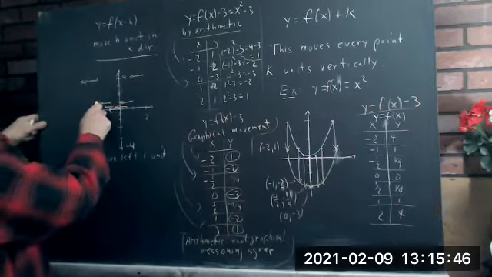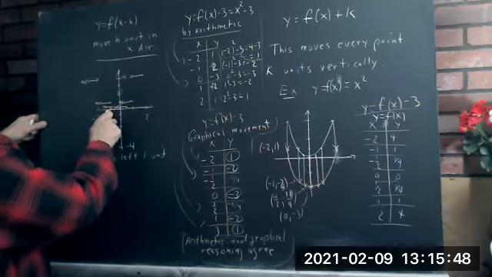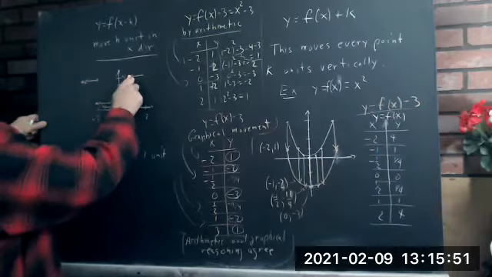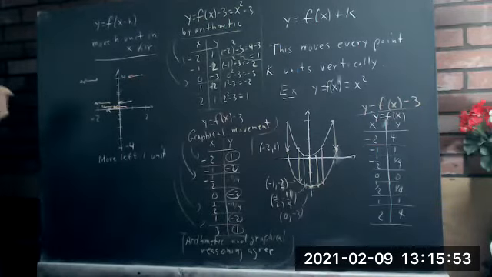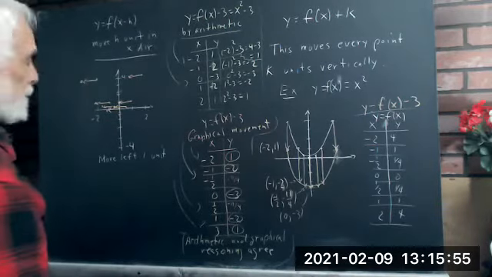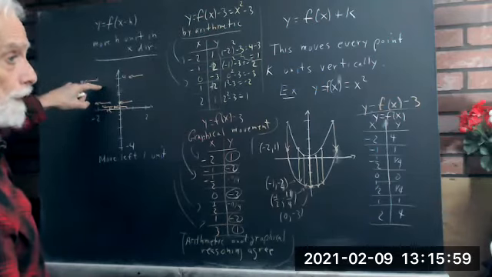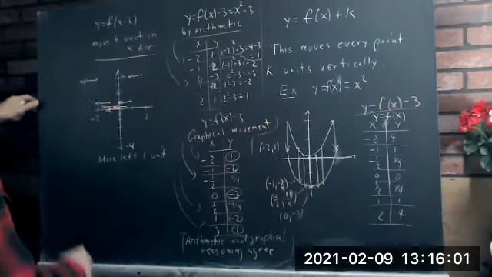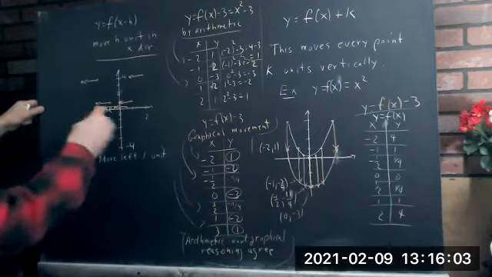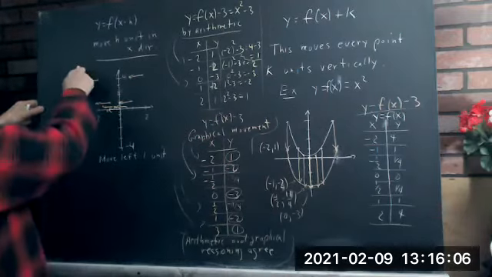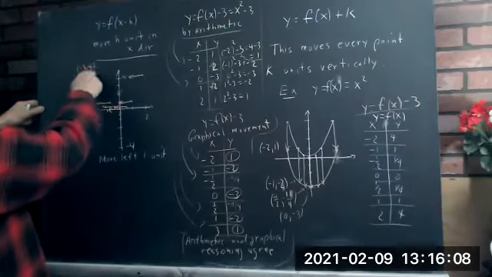And I'll get a point here, a point here, a point here, here, here, here, and here. And this point is -2, 4. Again, I'm not going to write that down. You should know very well what that point is. If you don't, take a lesson. But this will be -3, 4.